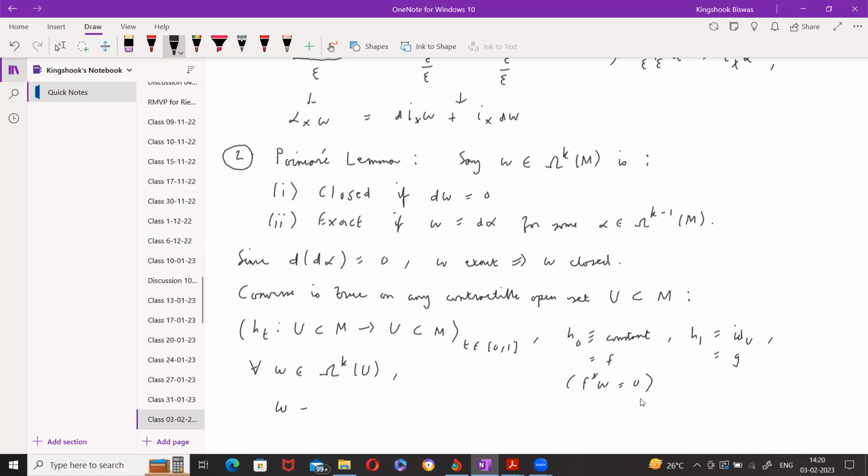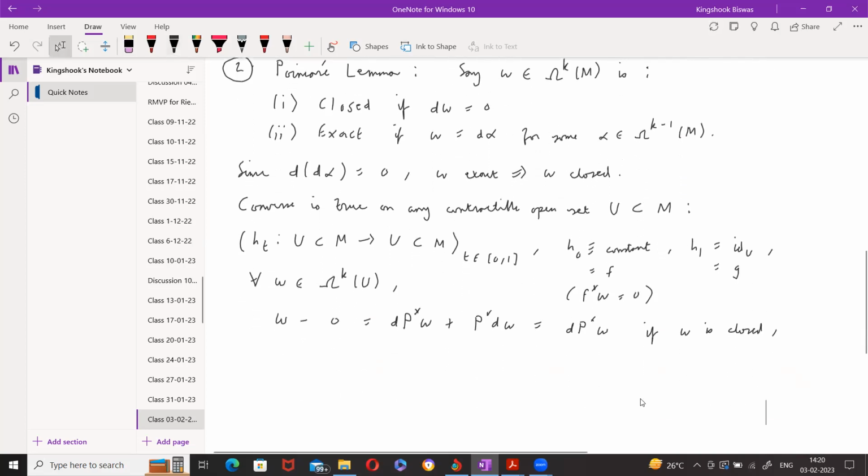So the left-hand side of our equation star becomes omega minus 0 equal to d p star omega plus p star d omega. And if omega is closed, then the second term d omega is 0. So then the second term vanishes. This becomes d p star omega, if omega is closed. And this means that omega is exact.